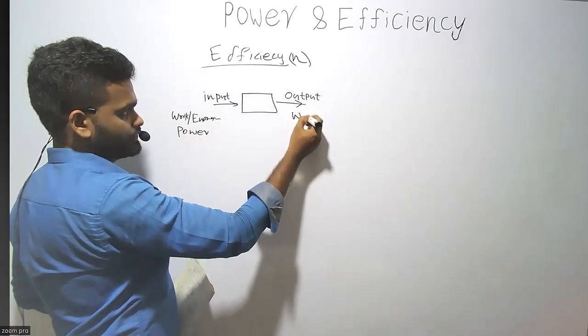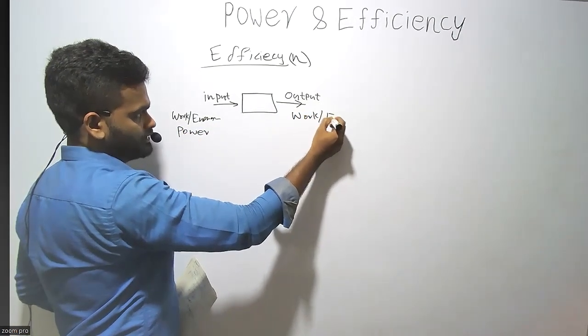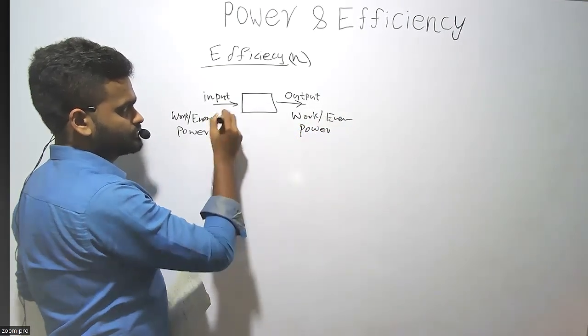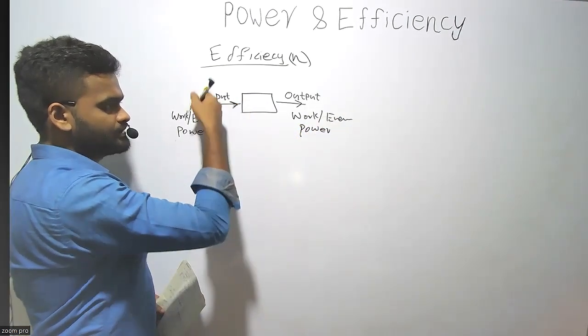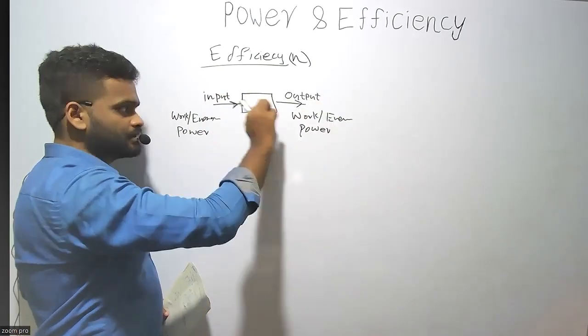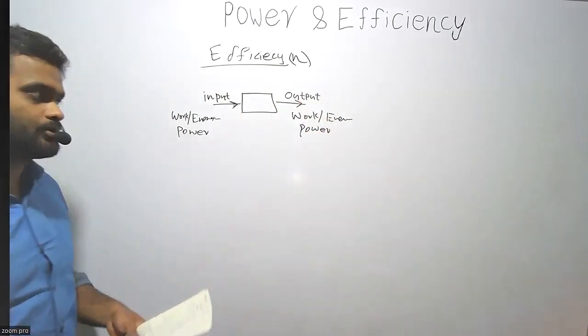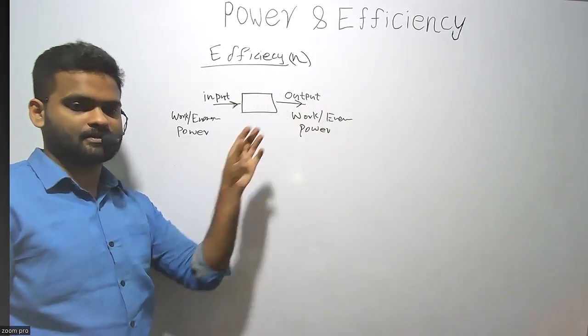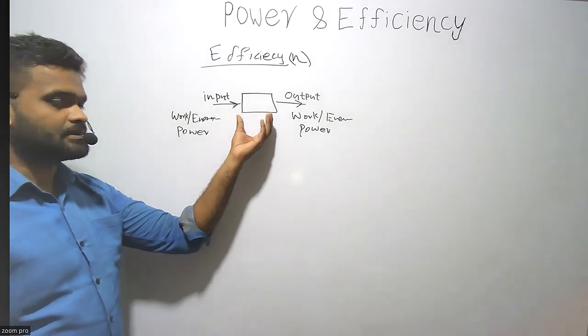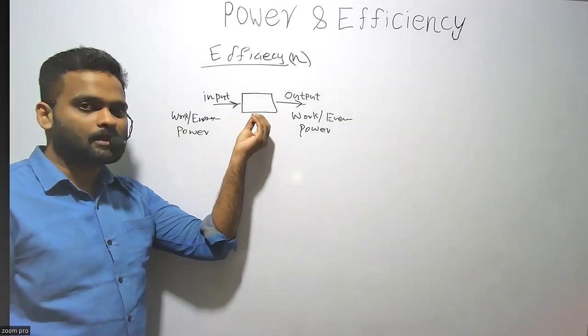The output also you gain as work, some type of energy, or power. So you provide some energy or work into the machine, and you get the desired output from the machine, something useful. This machine can be considered like, let's say, an electric bulb.